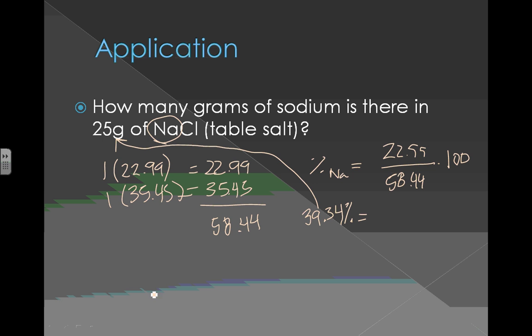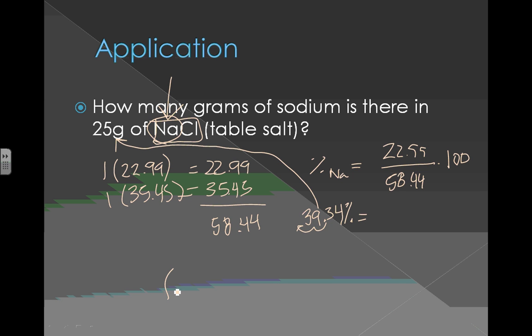Now I need to apply this percentage to the given grams. In a sample of 25 grams of sodium chloride, how many grams are there of just pure sodium? That's essentially what this question is asking. First, I'm going to turn the percentage into a decimal. To do that, you just move the decimal point to the left twice.